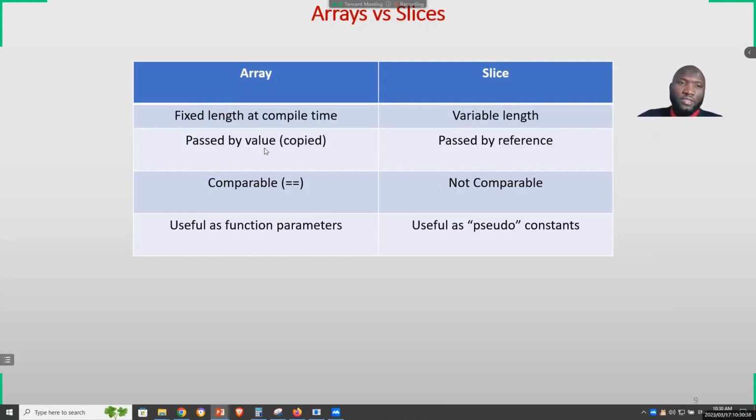One important thing is that arrays are comparable: you can check one array equal to a second array, but slices don't have this. Why? Because the size of a slice is not fixed, so we cannot compare them. Usually arrays are used as function parameters, while slices are used as a pseudo container.